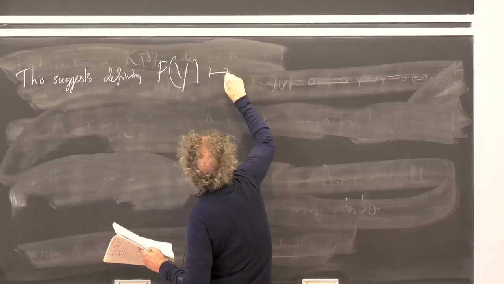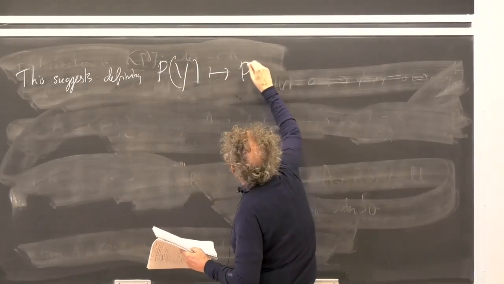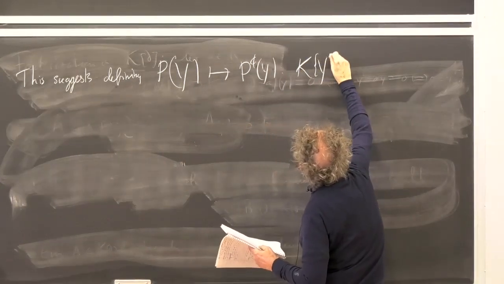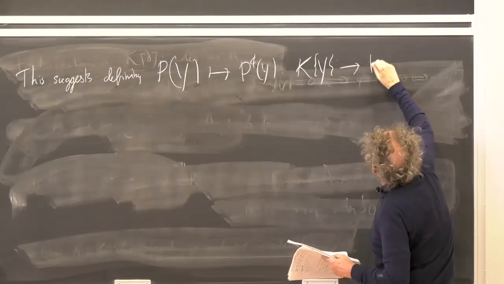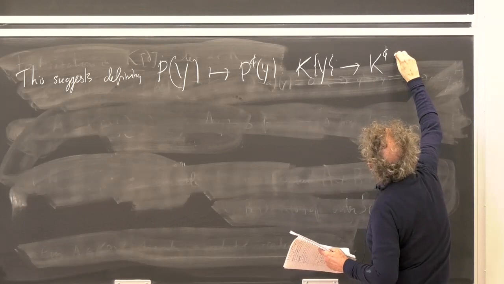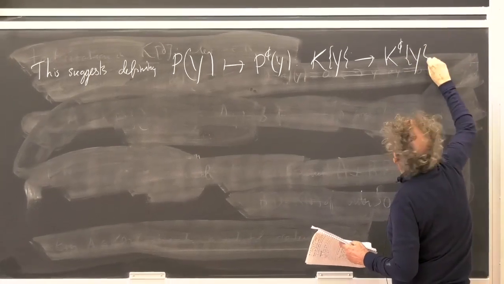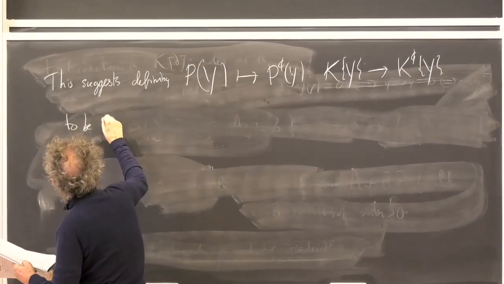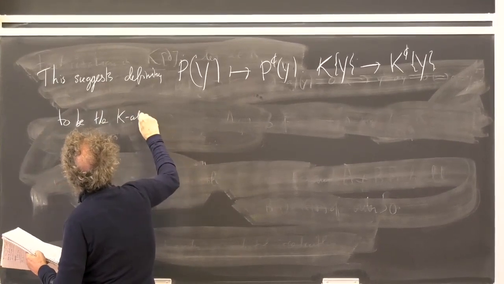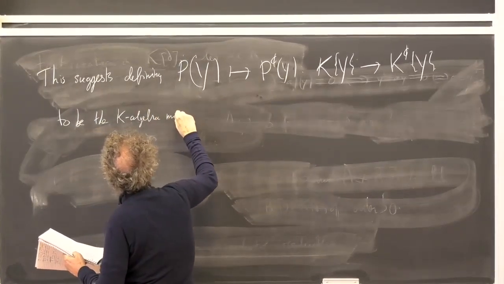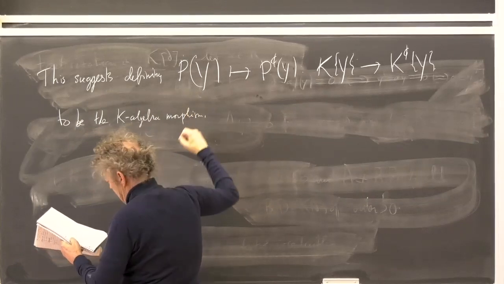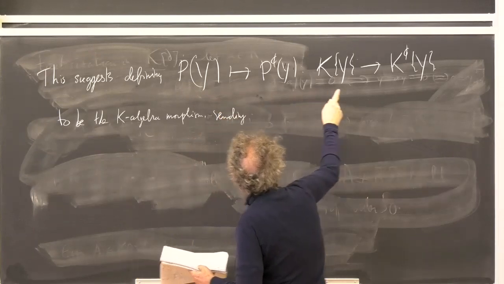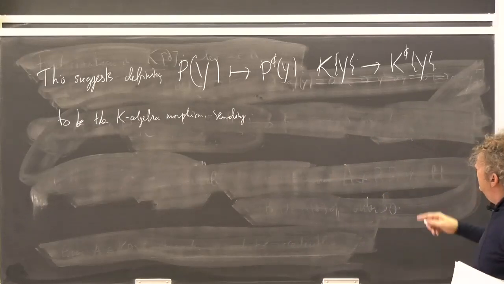Recall that what we really want is to define a certain map from the differential polynomial ring over K to the differential polynomial ring over K phi, to be the K-algebra morphism.